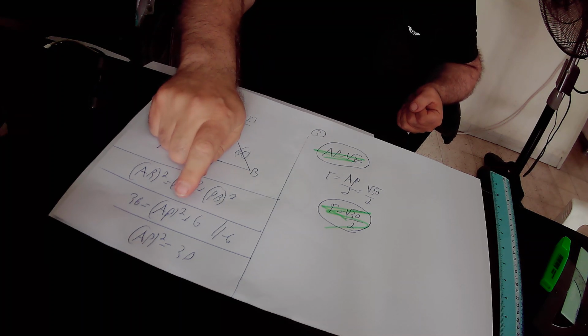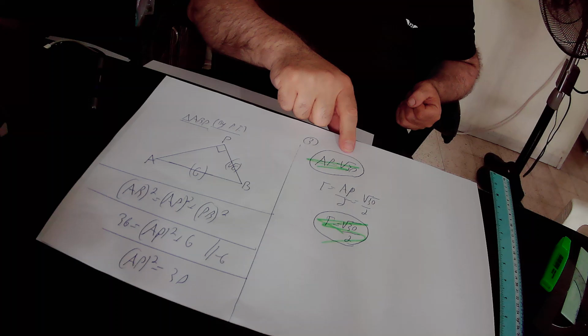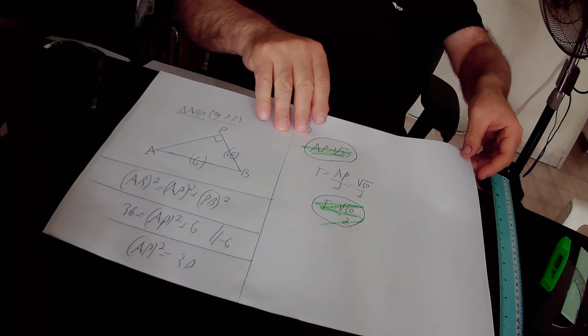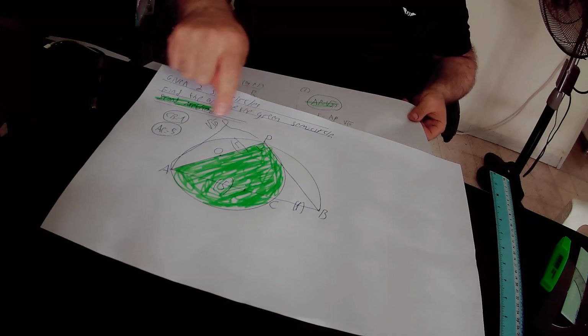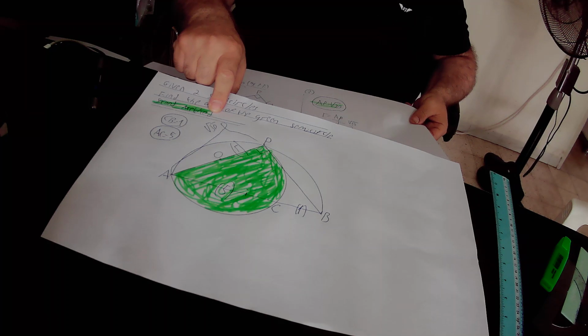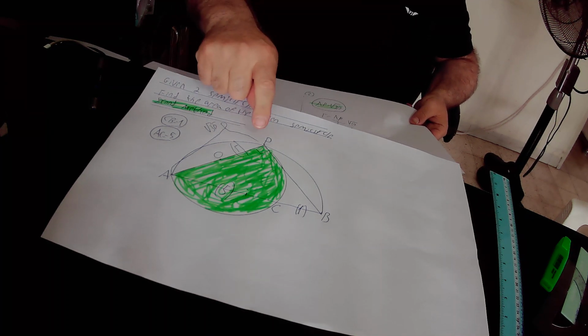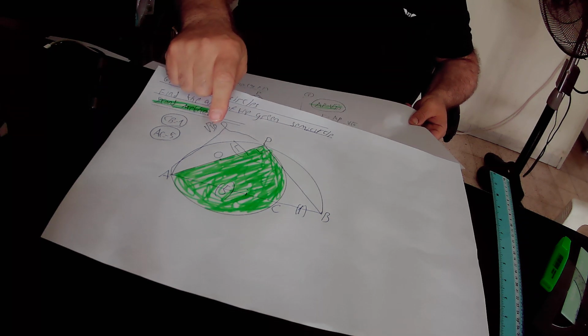We solve this equation and finally find that the missing side AP equals the square root of 30 units. AP is the diameter of the green semicircle. Therefore, the diameter over 2 is the radius.